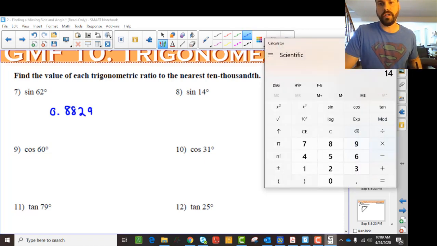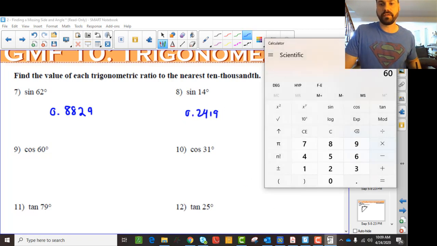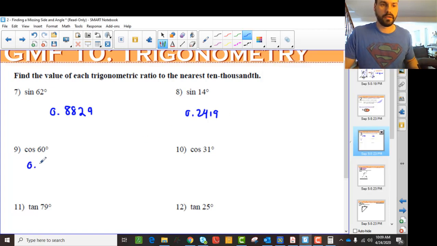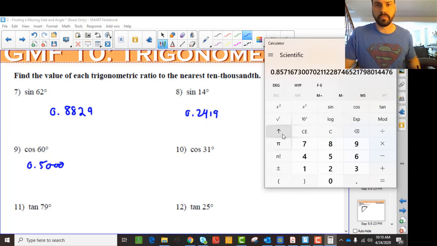The sine of 14, we're going to hit 14 and then sine, and we get 0.2419. The cosine of 60, I'm going to type 60 and then hit cosine. Again, on your calculator, you might have to hit it in a different order, you might have to hit cosine first, for example.